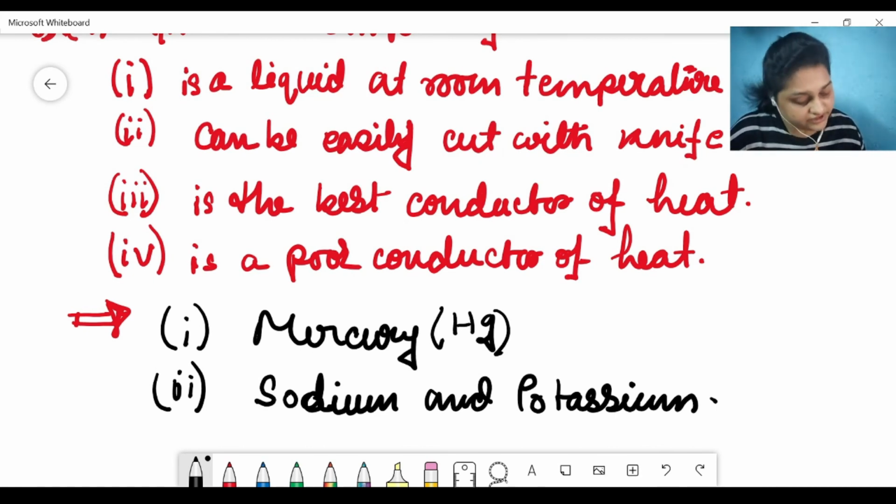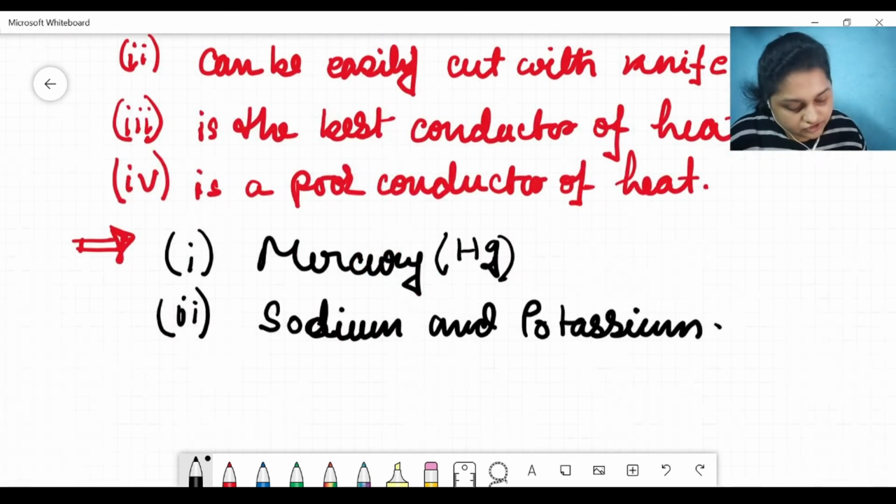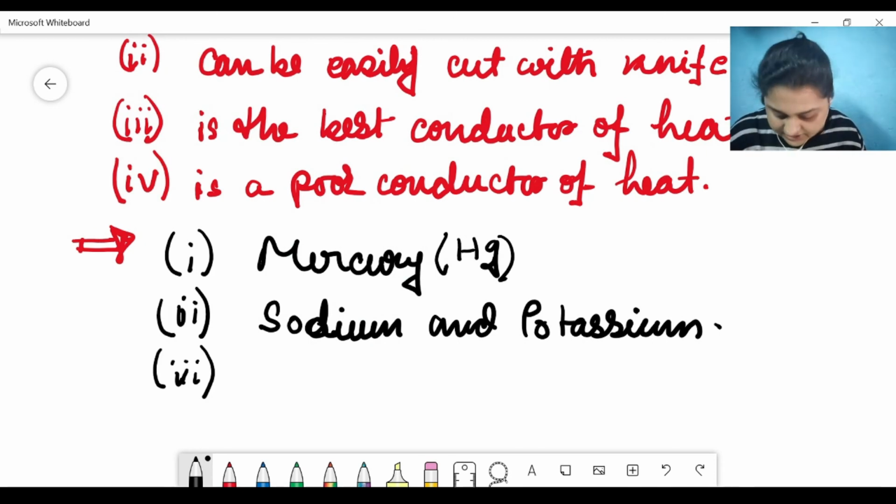The third question is an example of a metal which is the best conductor of heat. Some of the best conductors of heat are silver and copper.